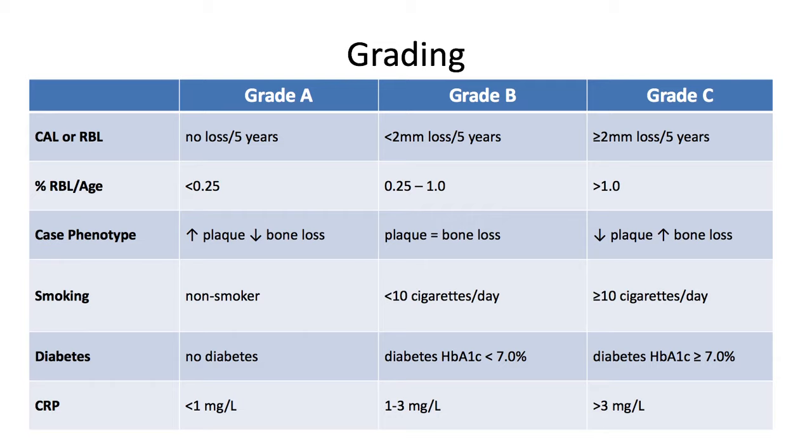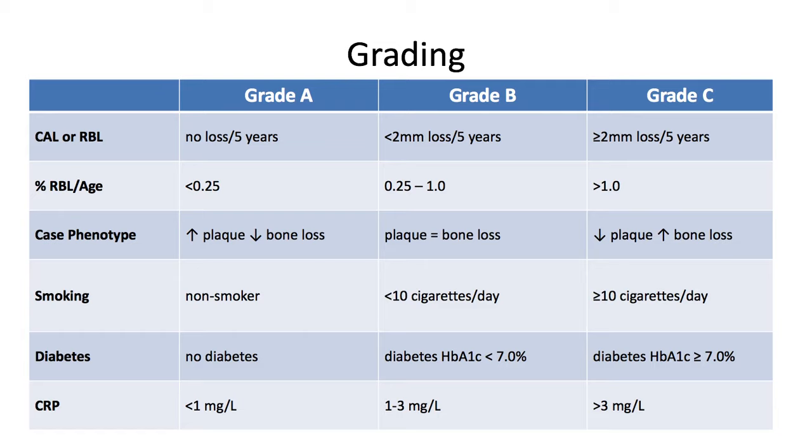Now, thankfully, grading is a bit more straightforward, and clinicians should initially assume a grade of B, and then look for specific evidence to shift to either grade A or grade C. And just like in staging, the first row here is the most important.